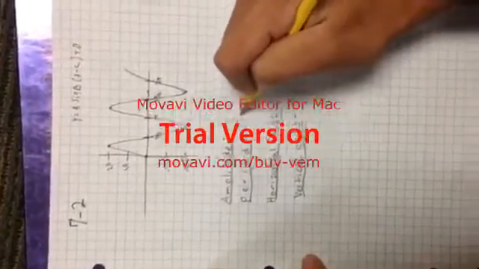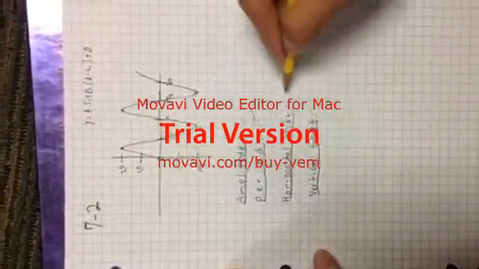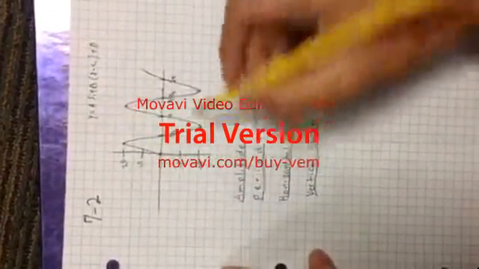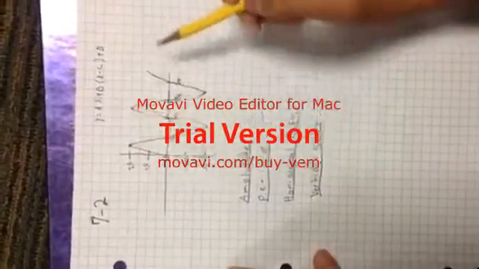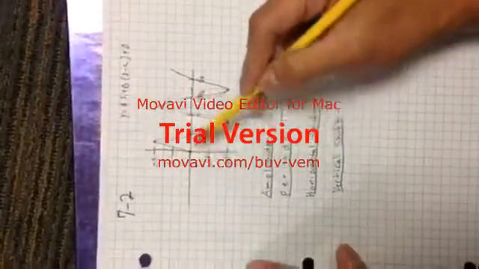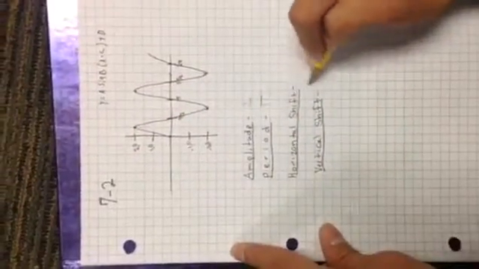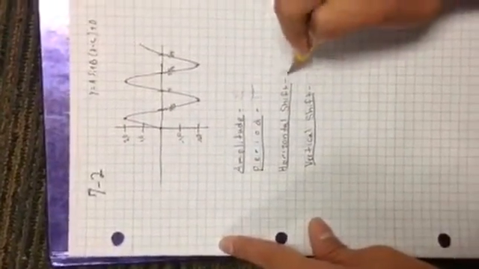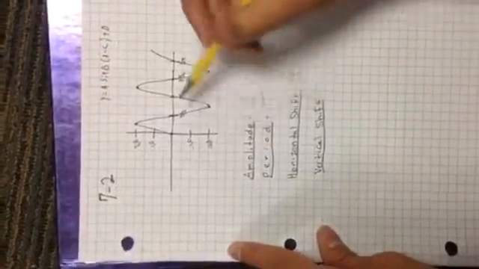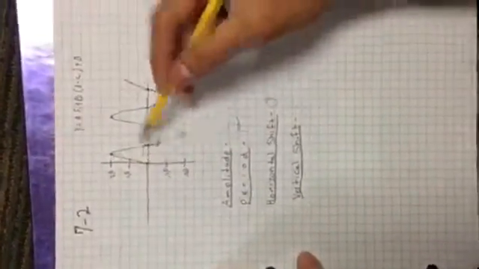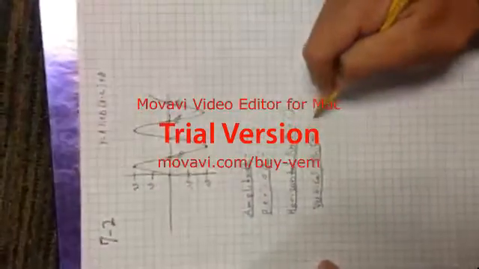So there's pi. For horizontal shift, we don't need it because the graph hasn't shifted, and we're starting from the origin. So there's no horizontal shift, or there is, but it's at 0. So you just put 0. And vertical shift, same thing. It's starting at 0, 0, so there isn't any. So that's also 0.